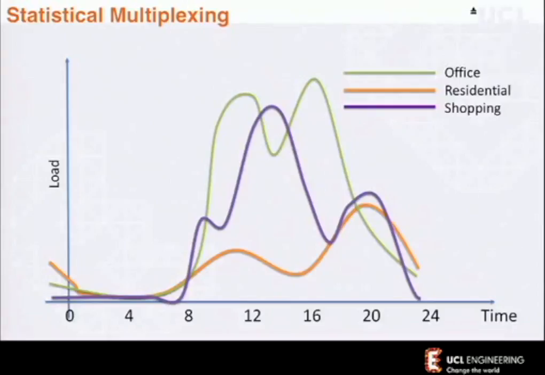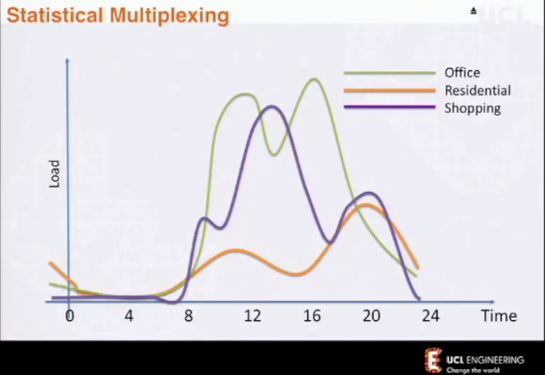But what could we do if we could extract that a layer and say, now I have a collection of cells, and all I need to put is enough capacity to capacitize that collection of cells for the peak at any one point within that part of the network. So the fact that this has a peak can steal capacity from the cells in this area that don't have a peak until later on in the day.